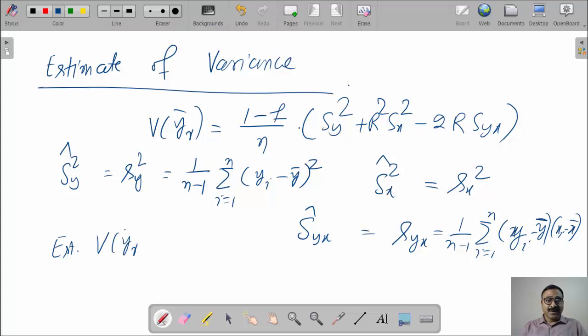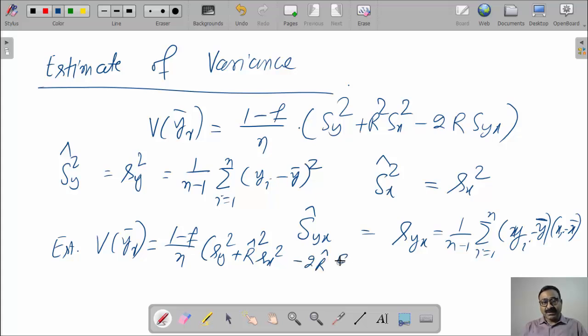variance of y bar is given by 1 minus f by n, s_y square plus r cap square s_x square minus 2 r cap s_yx, where r cap equal to small y bar by small x bar.